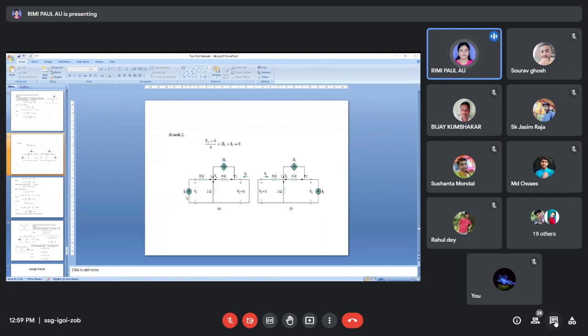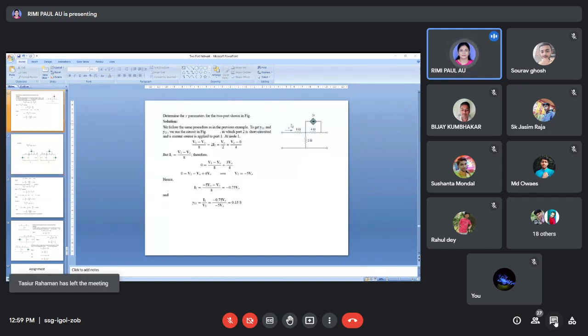Now if V1 is present, then I can take it here as I1. This current source depends on this current, so I can replace this I as I1. So we can take it as 2I1. Now this is a short circuit.